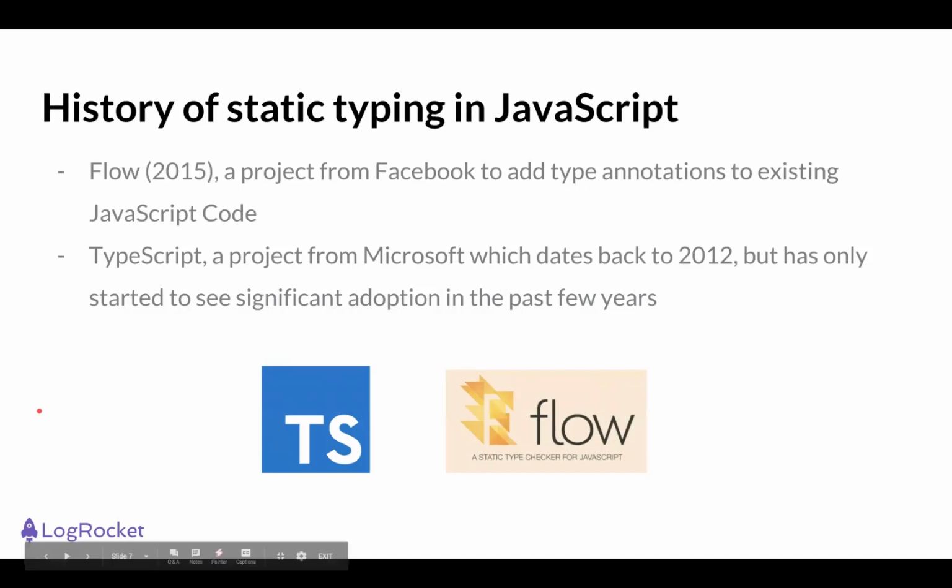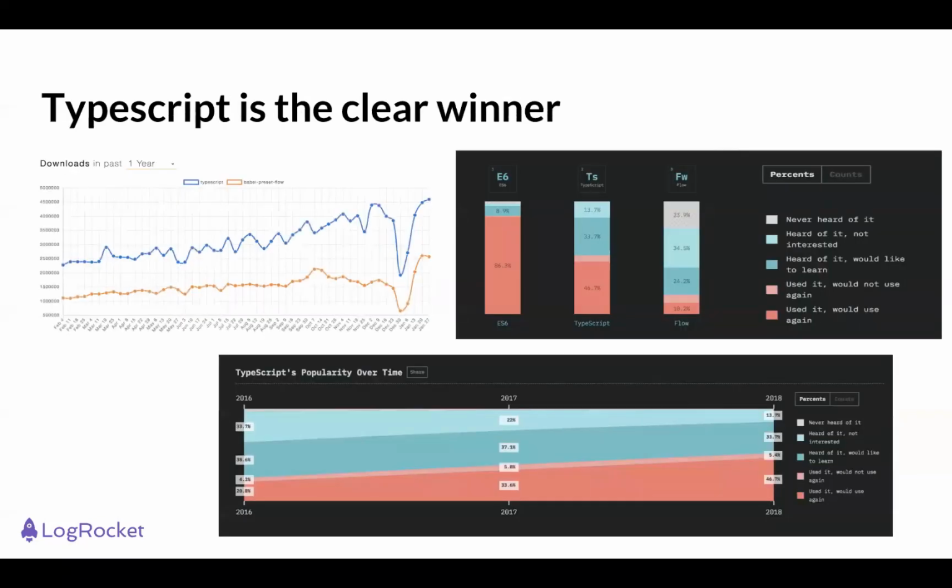And TypeScript is actually not the only way to do this in JavaScript. TypeScript was developed by Microsoft. It dates back to 2012. But there's also Flow, which is a project from Facebook and has a lot of similar functionality. What we've seen over the past few years is that TypeScript has emerged as the clear winner in the space.